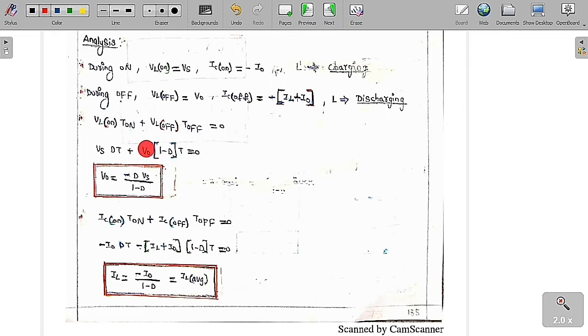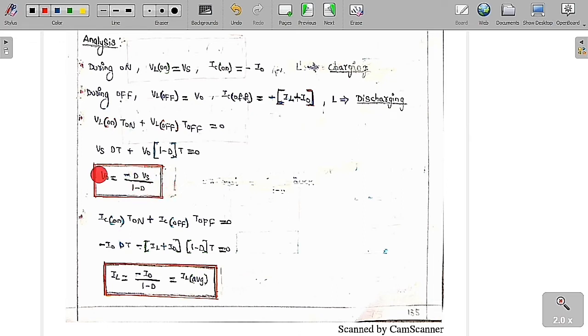Now I am going to apply that the average value of the inductor voltage is always equal to 0. So VL on into T on plus VL off into T off is equal to 0. VL on is equal to Vs, T on is dT, plus VL off is equal to V naught into 1 minus d into T is equal to 0. If you solve this, we get V naught is equal to minus d Vs by 1 minus d.